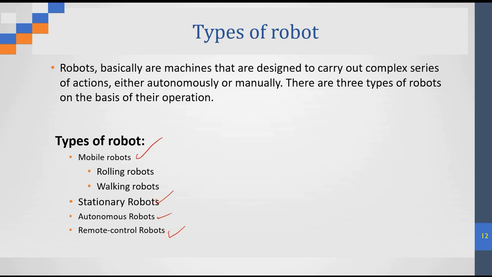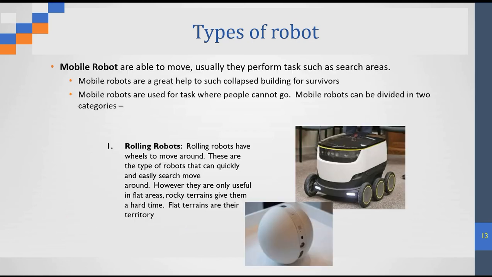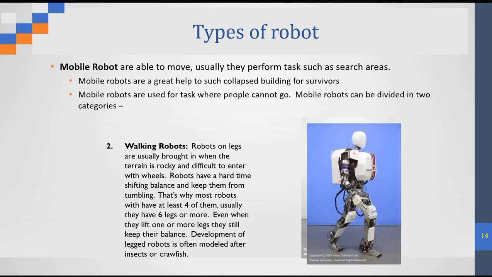Mobile robots are the ones that can walk around the area, and there are many kinds of them, most of which have wheels or legs. This is just an example of the first one. The second one is walking, which is also under mobile robots.